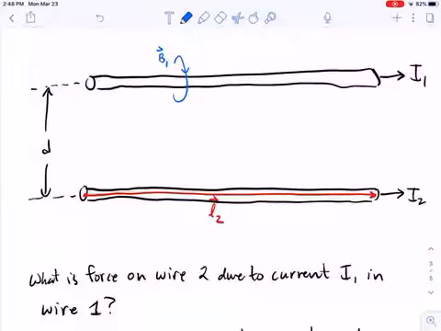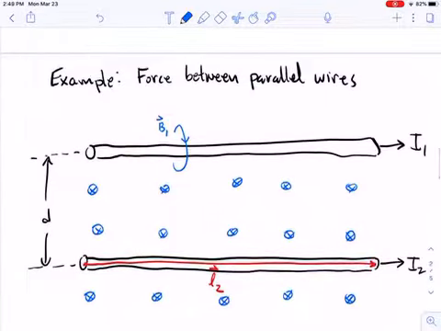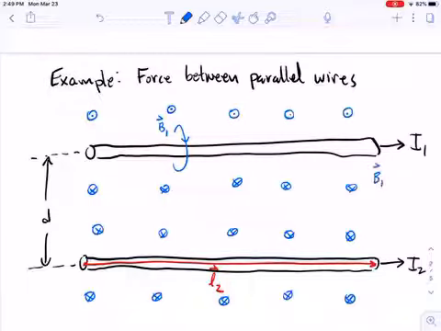And so that means below wire 1, the magnetic field B1 is into the screen. Okay, and then just for completeness, we could draw some of the field lines above the wire I1, and in that case, they're coming out of the screen. So this is B1 due to I1.